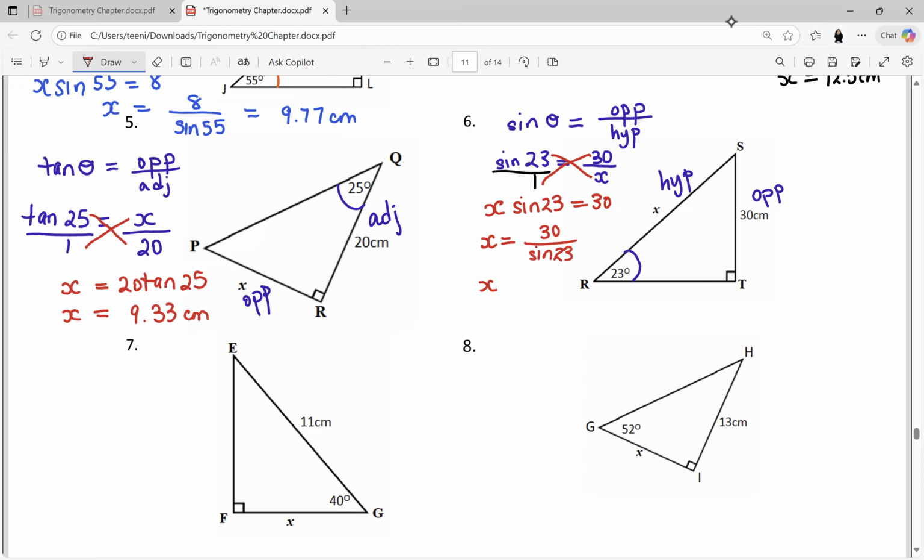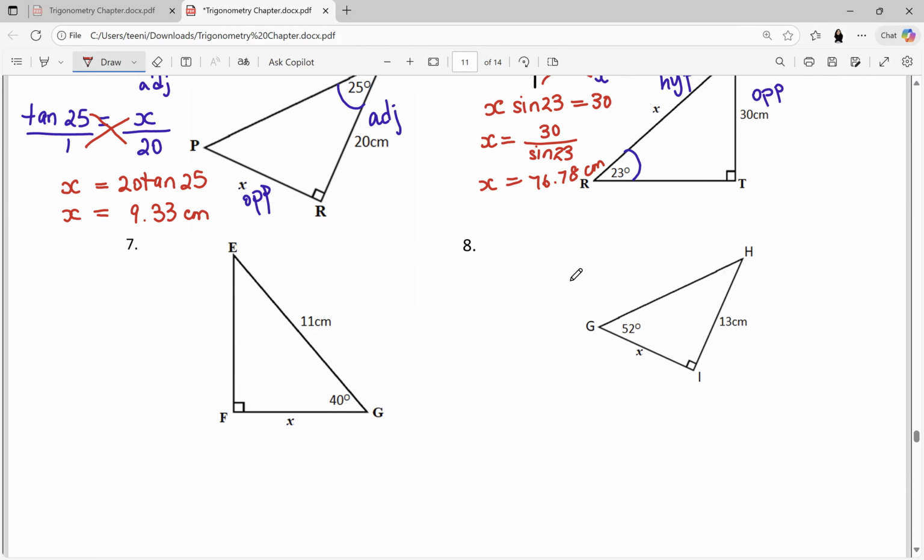So x is equal to 30 divided by sine of 23, which is 76.78 cm. All right, so be careful with that one, guys, when you have to cross multiply.